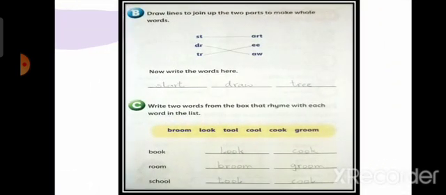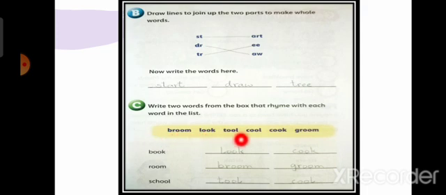Check your answers whether you have done your work in the correct way or not. Start, draw, tree. After matching these two parts to make the whole words, you have to write the words here. And these are the rhyming words.